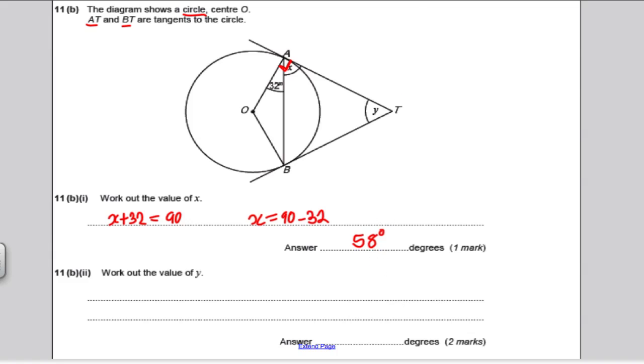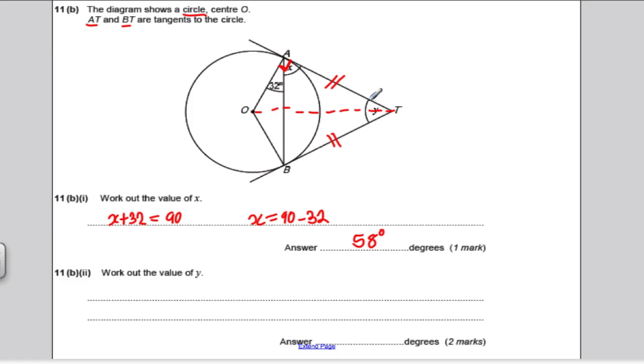Okay, another angle you should be familiar with is tangents meeting a circle from the same point are the same distance. So that distance and that distance are equal. So if we were trying to work out y here, we know we've got two identical triangles here.